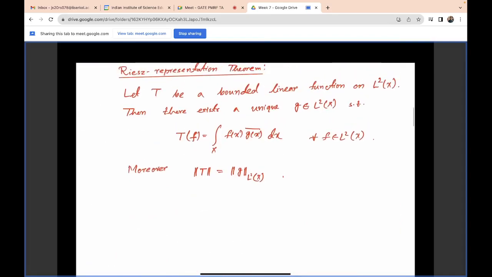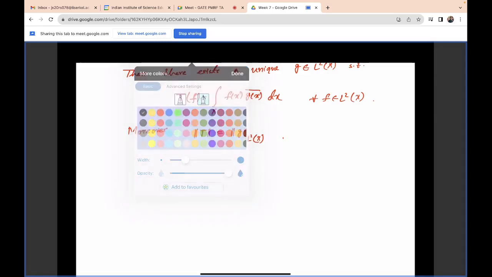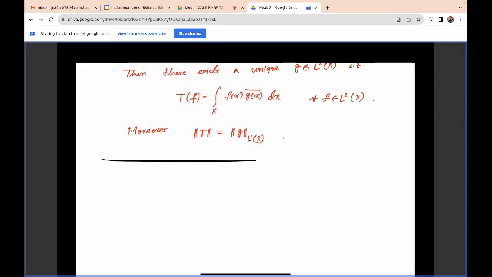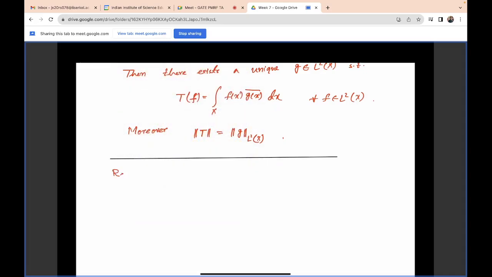Okay. And let me also write what this functional norm is, to recall. What is the norm of this functional?